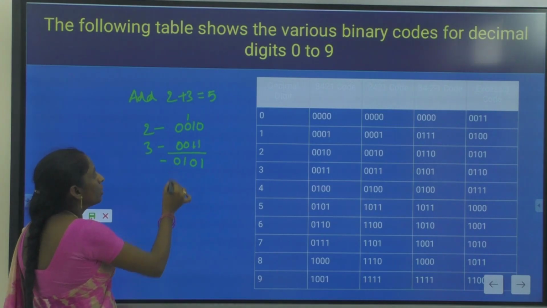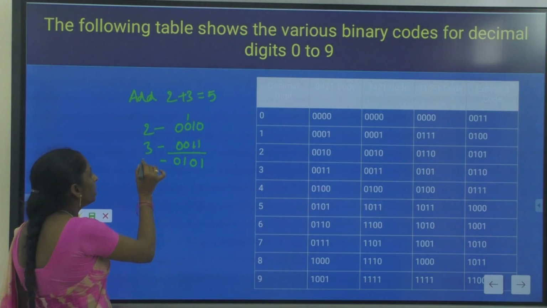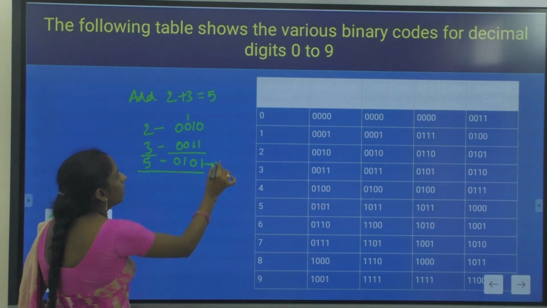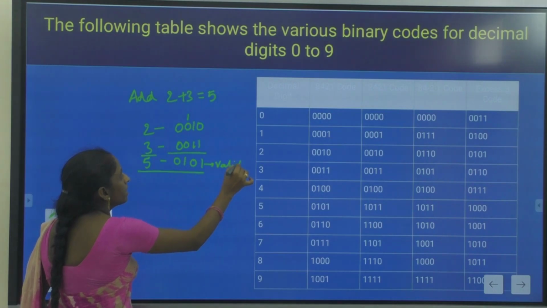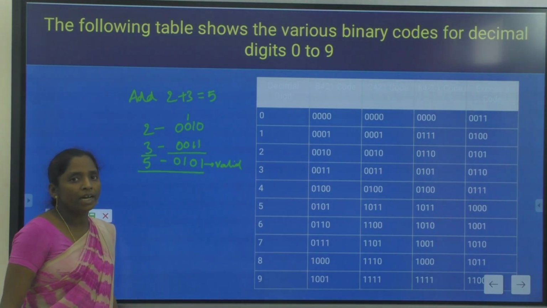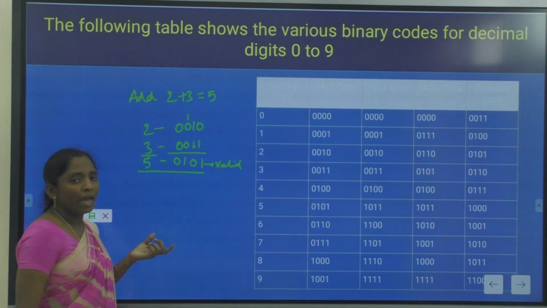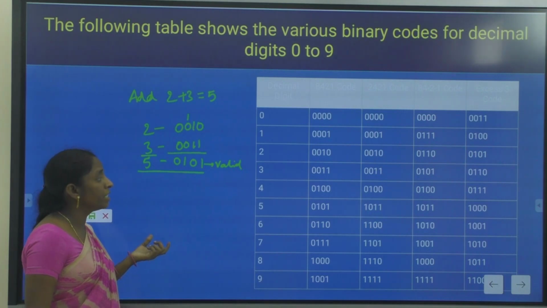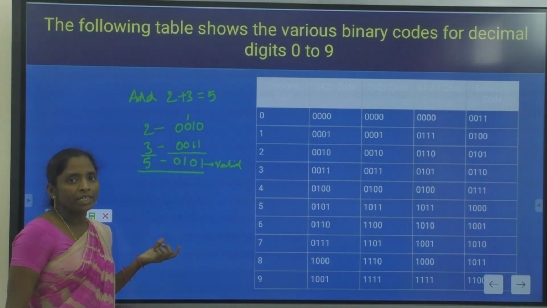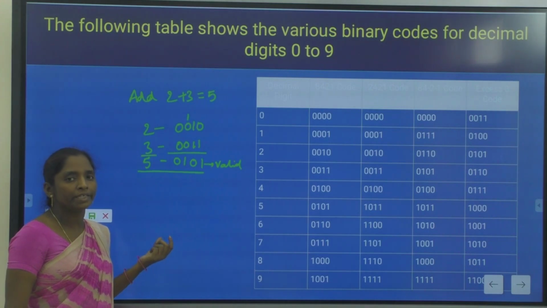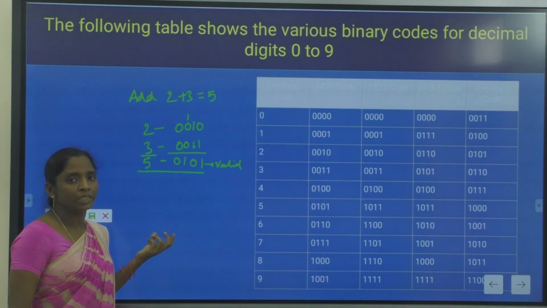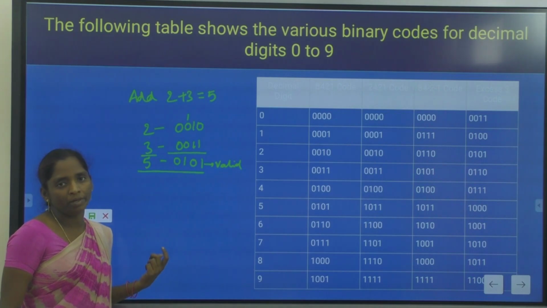So here 0101 is equivalent to 5. So here we are getting a valid BCD number. In this case the result is less than 9 with carry 0, so we didn't get any carry. So if the result is less than 9 with carry 0, no correction is required because we are getting the valid BCD number.